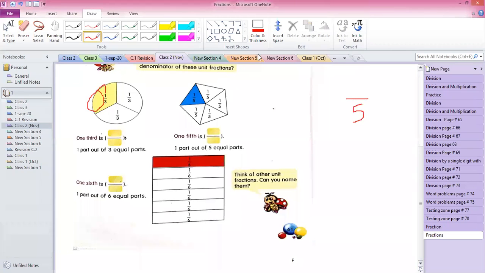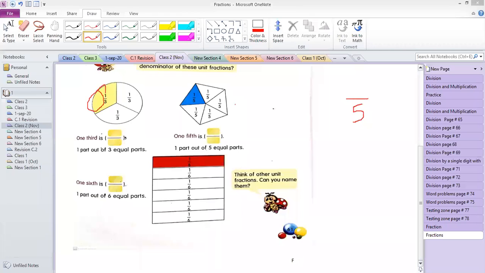And what should I write in the numerator here? Yes, guys, look at the second figure and tell me what I should write in the numerator. One. Why one? Because only one part is shaded.